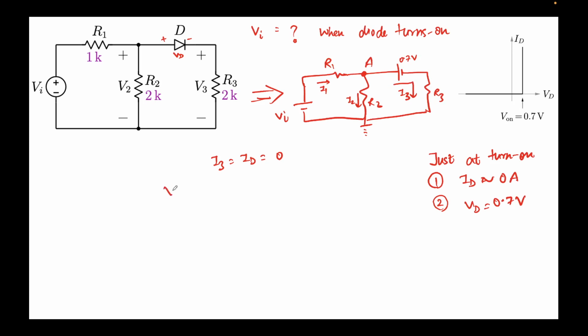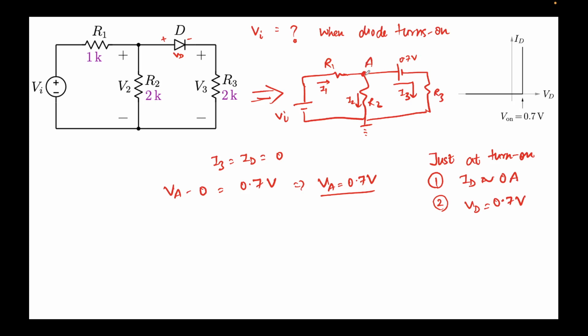So I can clearly say VA minus 0 must be equal to 0.7 volts. This will give me VA equal to 0.7 volts. So I have obtained the voltage for this node, because there's no current flowing through that. You can either write KVL in this loop, or you can just write Ohm's law across this, and it's the same thing essentially. So VA is 0.7 volts.